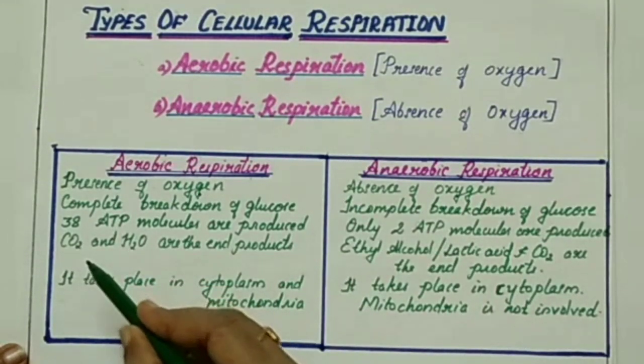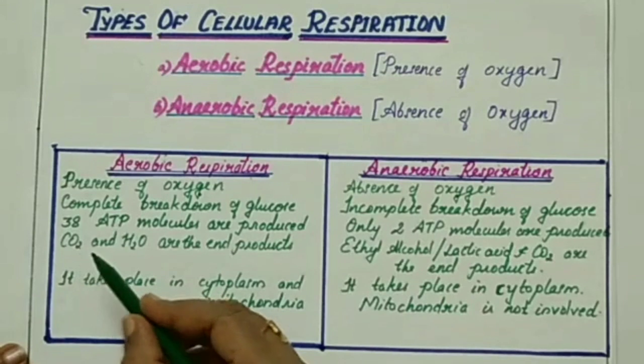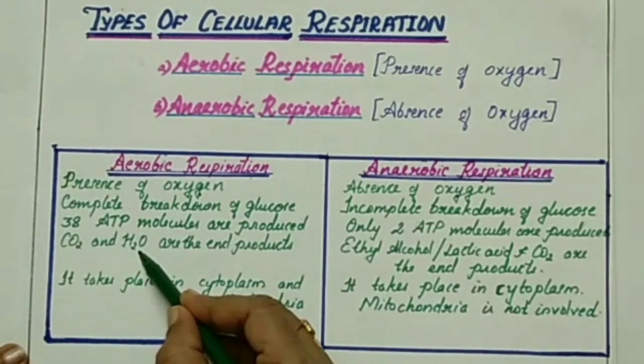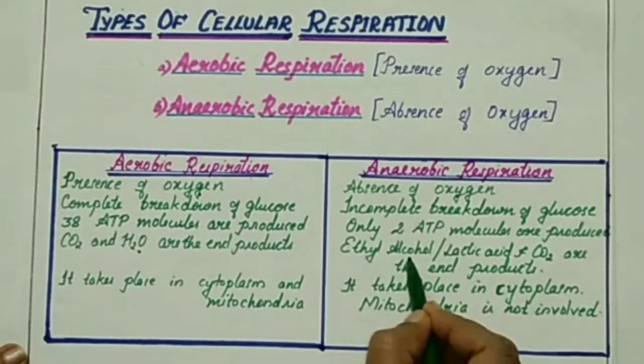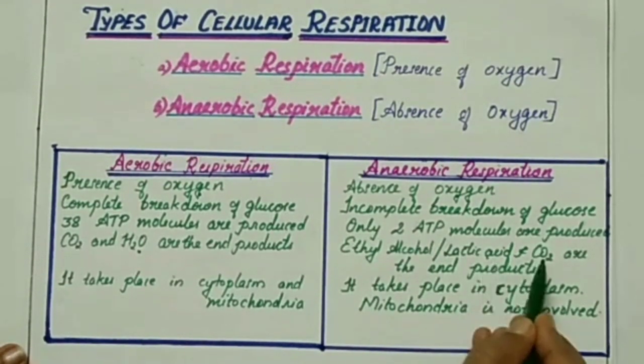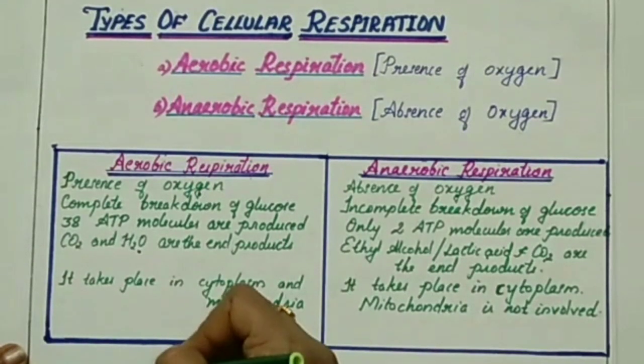The end products of aerobic respiration are carbon dioxide and water, but in anaerobic respiration, ethyl alcohol or lactic acid and carbon dioxide are the end products.